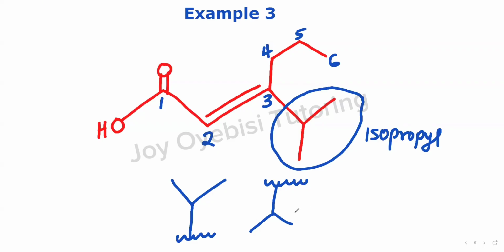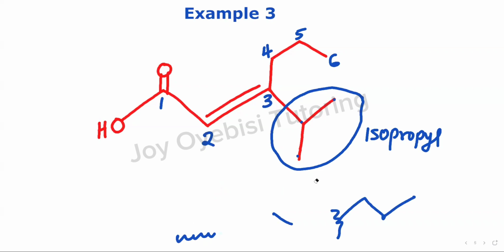If you have this type of shape, that's the name, isopropyl. It is a propyl group, it has 3 carbons, which is prop. So propyl is going to be a long chain like this. But when it is attached to the parent chain via the second carbon, then it is isopropyl. Okay, so we have our substituent identified and it is attached to carbon 3.